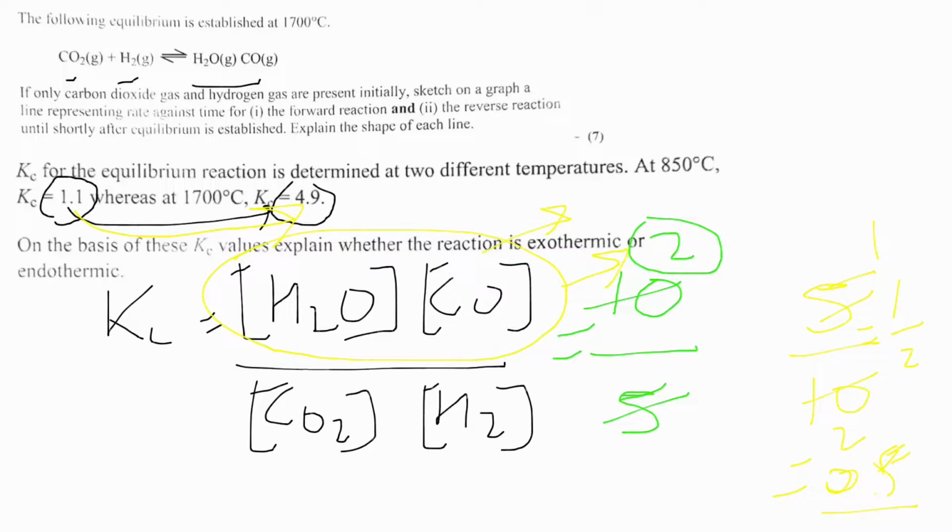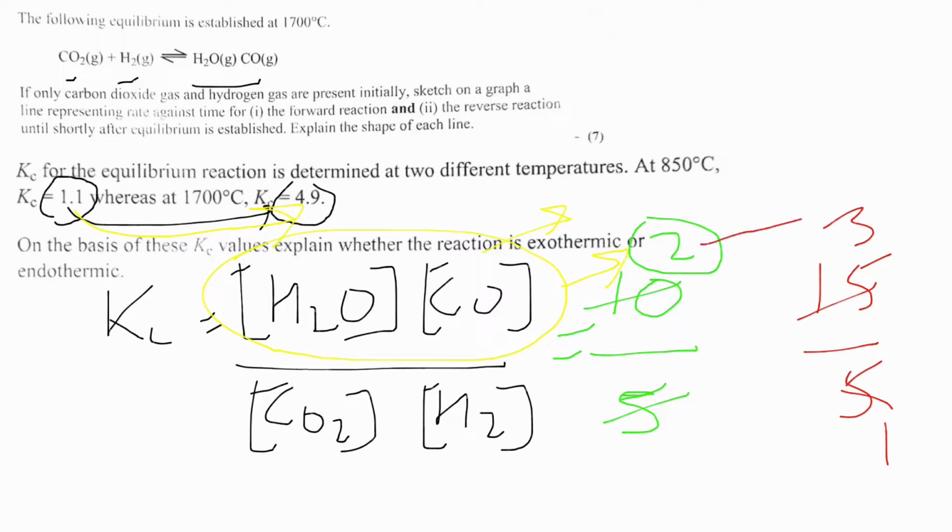I can explain using another way also. Let us assume the numerator, that is the products H2O and CO, becomes 15, and the reactant stays at 5. So 15 over 5 is 3. From 2 to 3 it is increasing. When the numerator value is increasing, that means the product formed is also increasing.